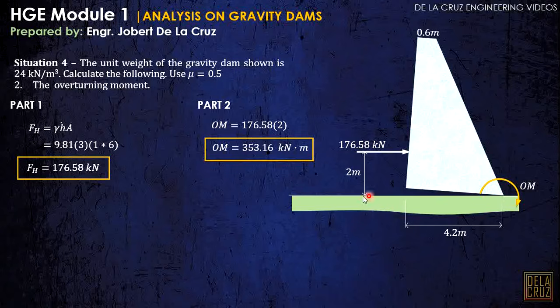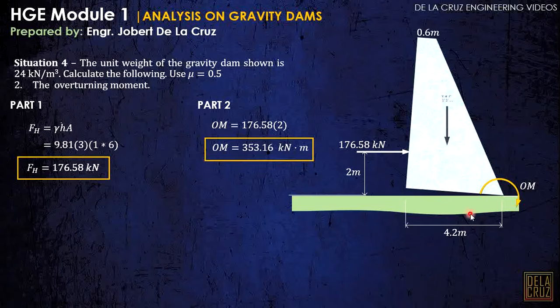Now for number 3, what we are looking for is the resisting moment. What is the resisting moment? From the word resisting, this is what will stabilize our dam. And it is due to the gravity loads, that is, due to the weight of this dam alone, or the weight of the concrete.